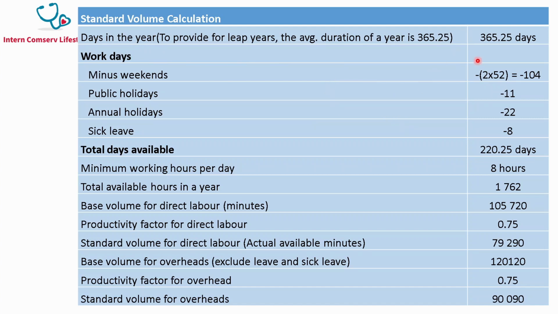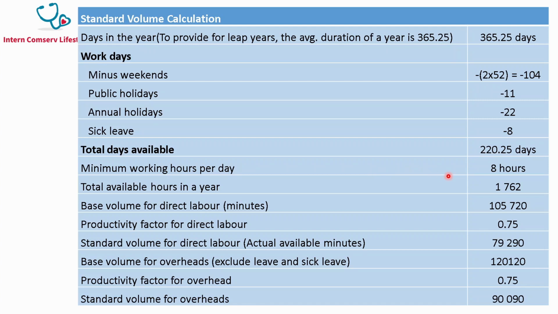So if we look at how the standard volume is calculated, this is from the policy document of the Department of Health. We look at the days, it's 365.25 days. This is to provide for leap years. We subtract weekends, public holidays, annual leave, and sick leave of 8 days. So the total days available is 220.25 days.